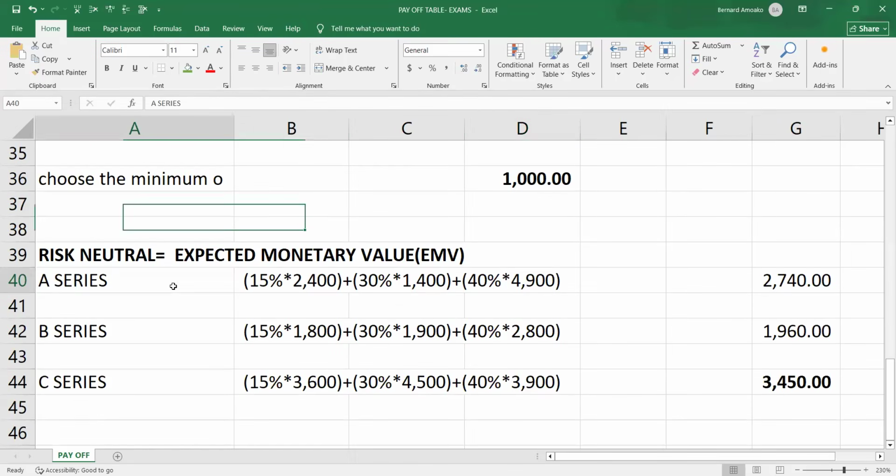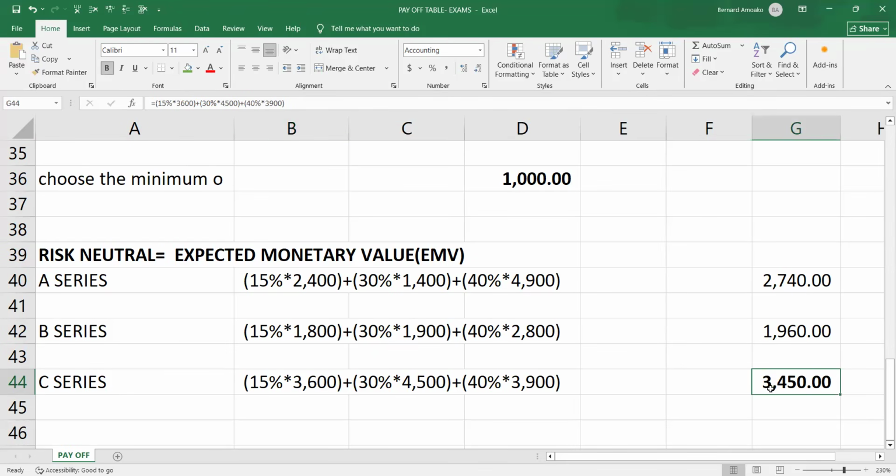So under A series, 15% times 2,400 plus the 30% times 1,400 plus 40% times 4,900 presents me 2,700 when I sum them up. When I go to B series and I multiply them by their probability, I get 1,960. When I go to C series and I multiply them by the probability, I get 3,450.